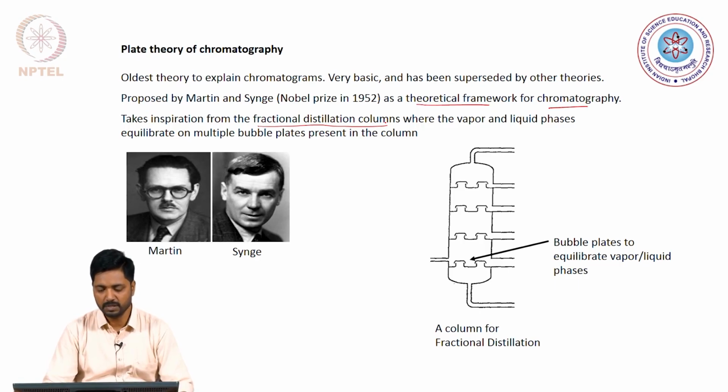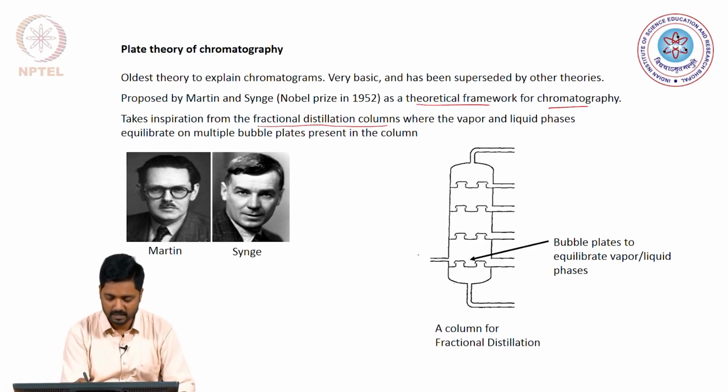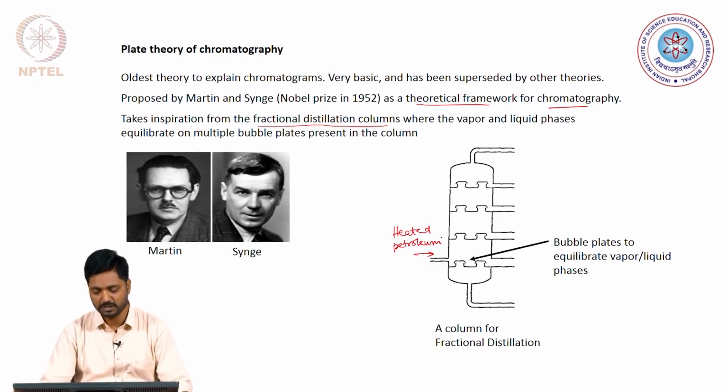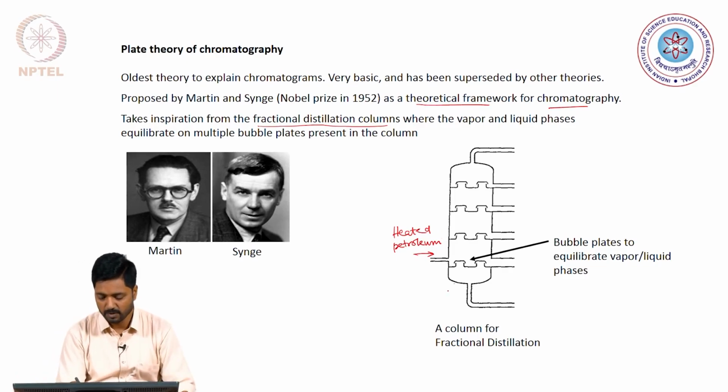So, what we do here is we take heated petroleum which contains a mixture of fractions and pass it through this column, which is known as the fractional distillation column.